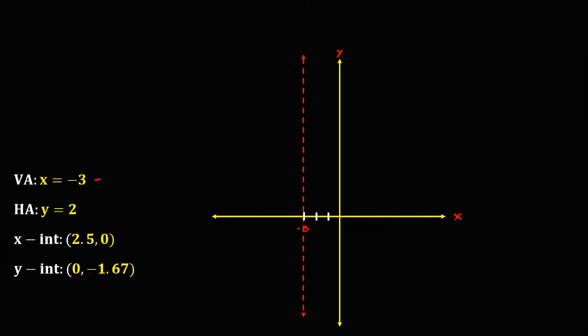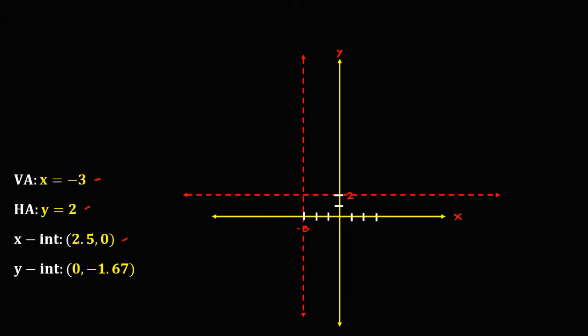This is the vertical asymptote. Then for the horizontal asymptote, y equals positive 2, so this is the horizontal asymptote.